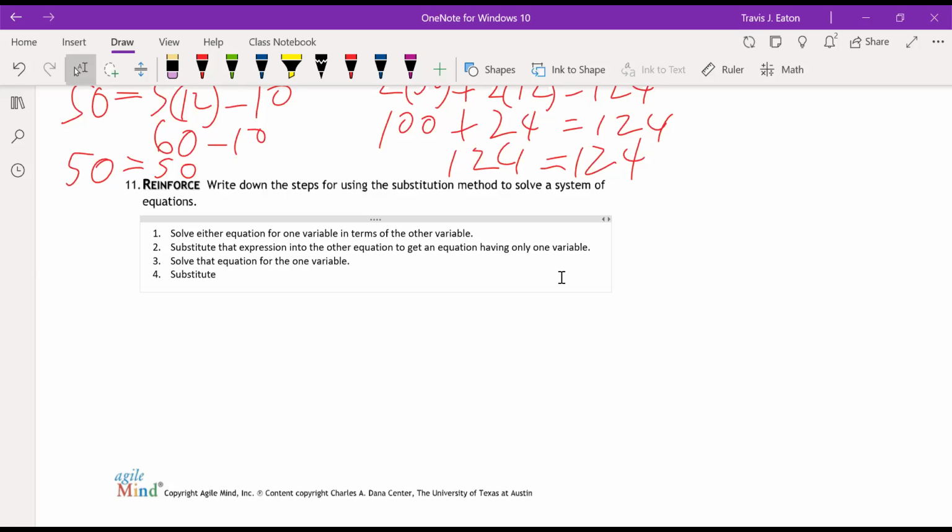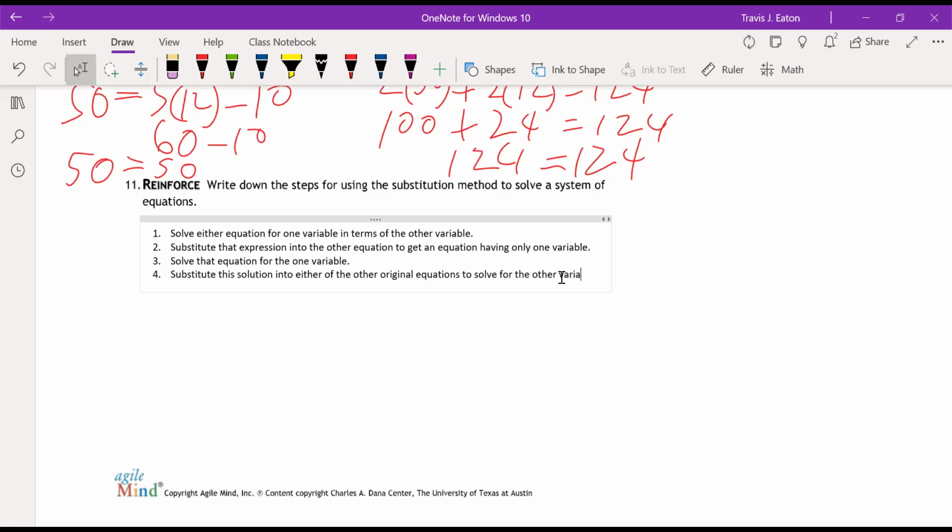So we're going to substitute this solution that we found, like W equaled 12, into either of the other equations, or the original equations, to solve for the other variable.